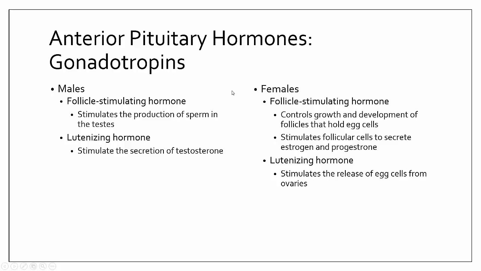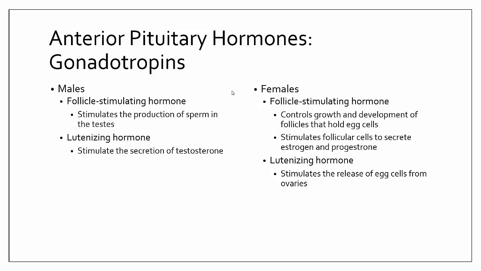More specifically, so you know the different effects in males and females, gonadotropins in males stimulate, like follicle-stimulating hormone stimulates the production of sperm in the testes, and luteinizing hormone stimulates the secretion of testosterone. In females, the follicle-stimulating hormone controls the growth and development of follicles that hold the egg cells, okay, so in the ovaries, and also stimulates the follicular cells of the ovaries to secrete estrogen and progesterone.